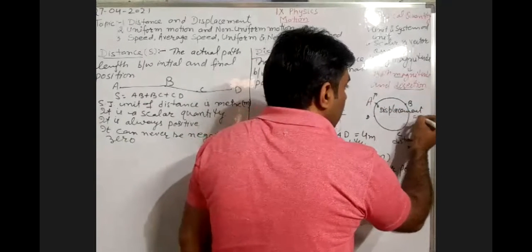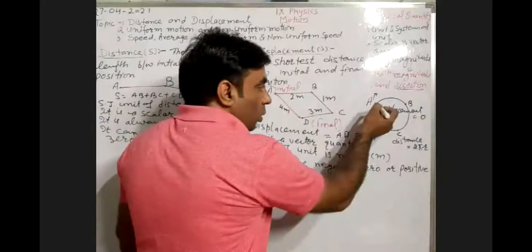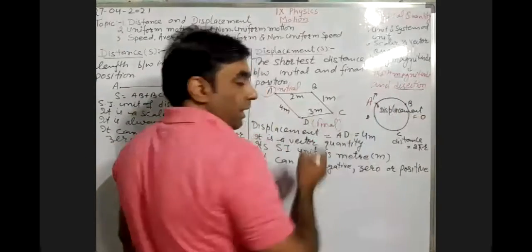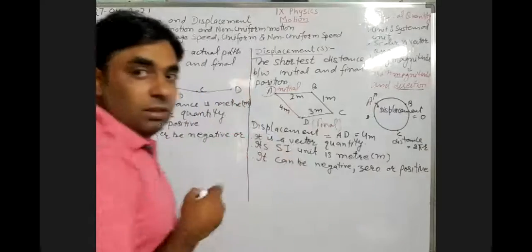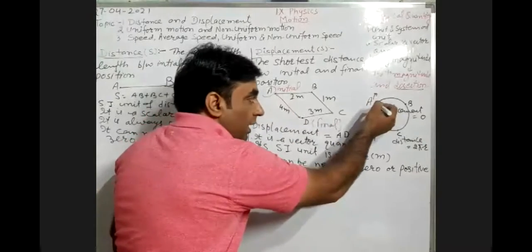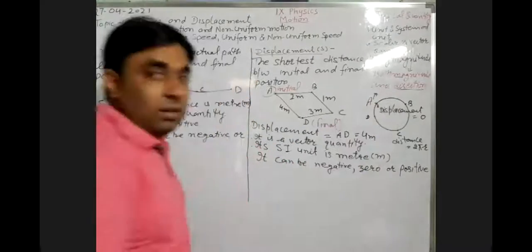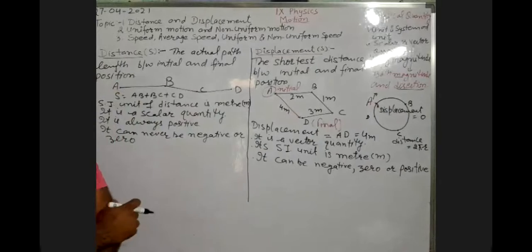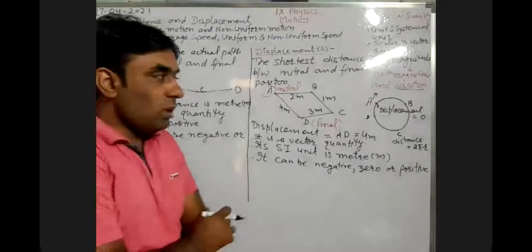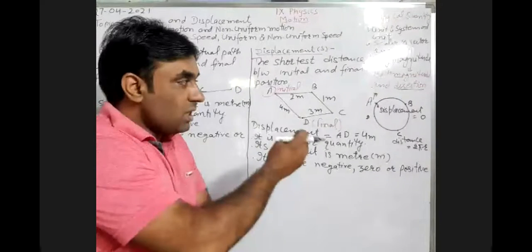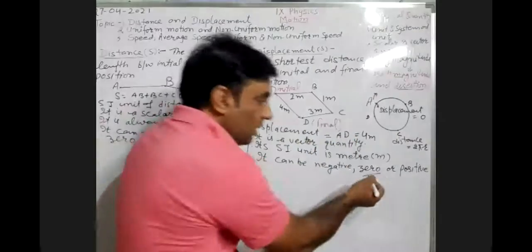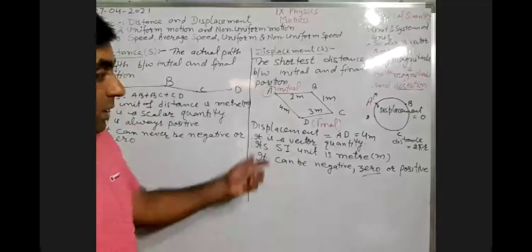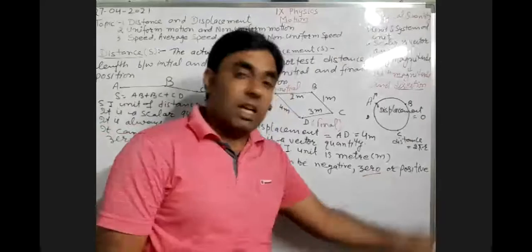Displacement is 0 because the shortest distance between A and A is 0. We are starting from point A and reach point A, so both the points are overlapping, lying on the same point. That is why displacement is 0. So displacement can be negative, it can be 0, or it can be positive.